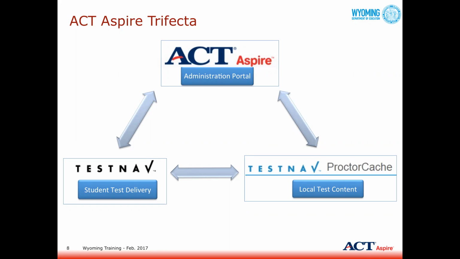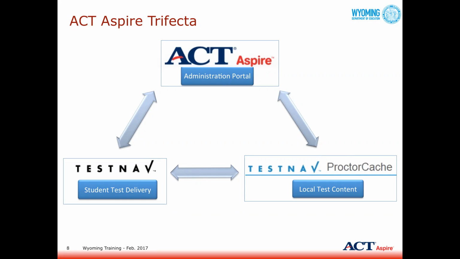The nice thing is it's all included in your intranet. That's very useful because many times you have issues with the ISPs, your internet service providers, going out, and it can be just a quick 30-second blip of connectivity that can kick all your students out.